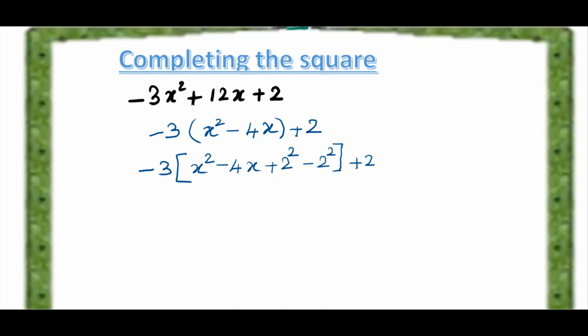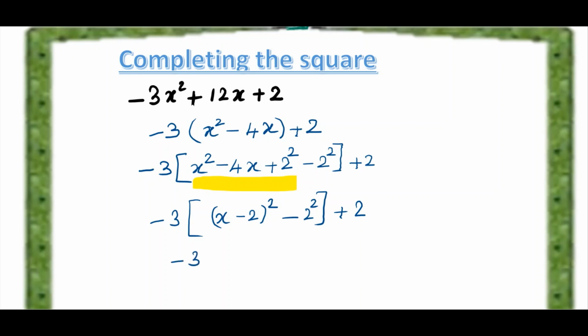So this term can be written as minus 3. You have to write x minus half of the coefficient of x, that is 2, the whole square, minus 2 square and plus 2.